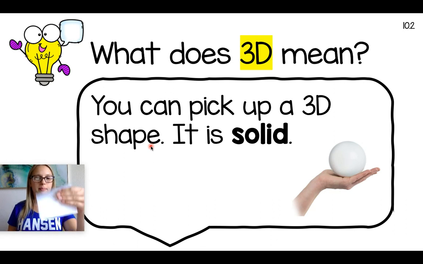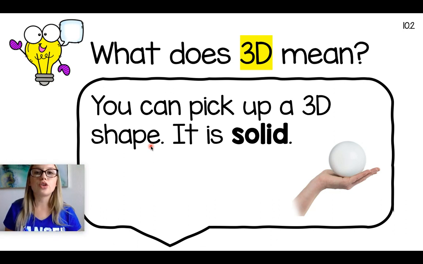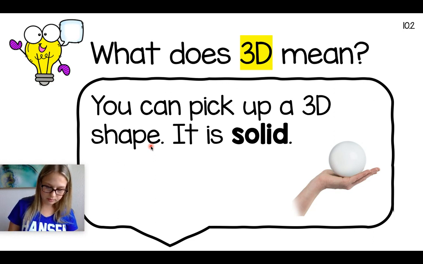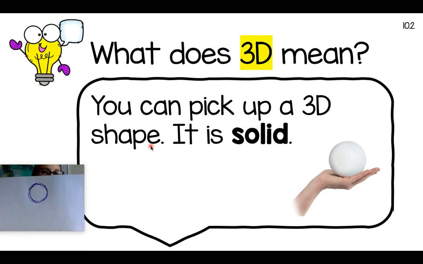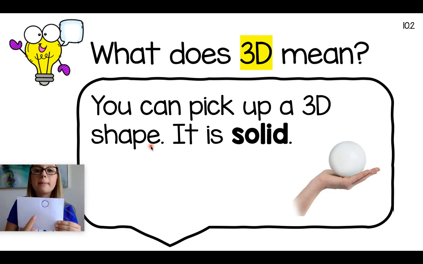I have a piece of paper here, and I'm going to draw a 2D circle. Okay, I drew my 2D circle, you see? Is this circle real life? No. Can I try to pick up the circle? I'm going to try to pick up the circle off the paper. And you know what?